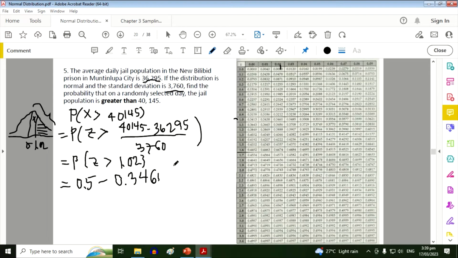So subtract, and we have 0.1539. So the probability that on a randomly selected day the jail population is greater than 40,145 is 0.1539. So the probability is small.